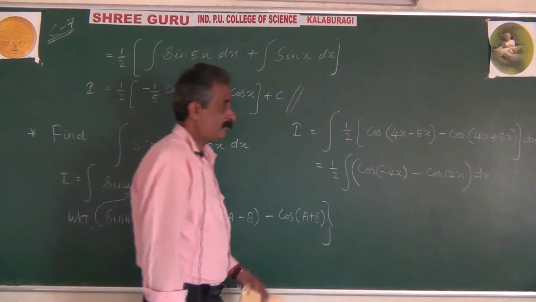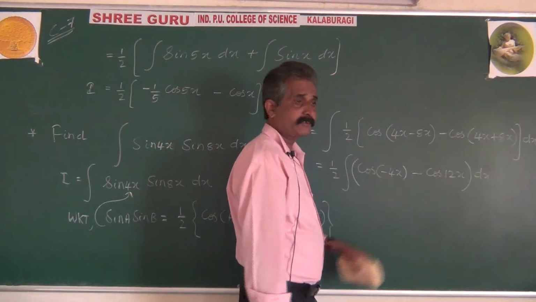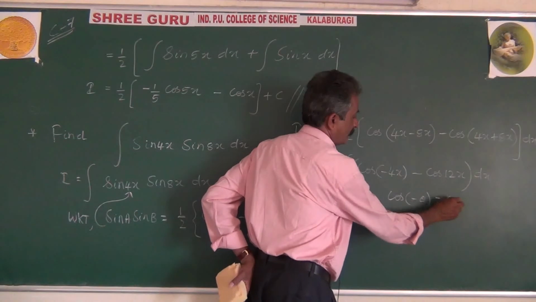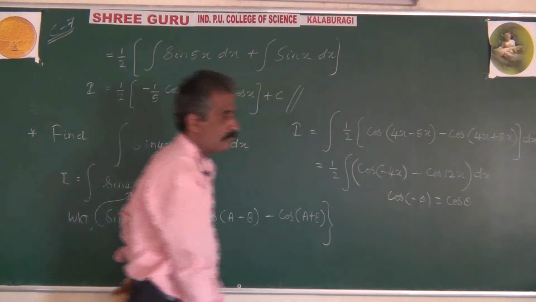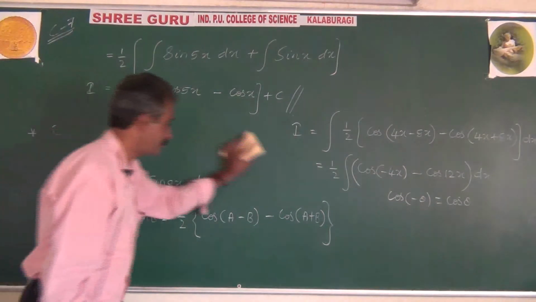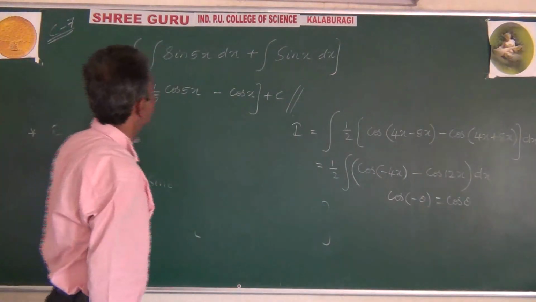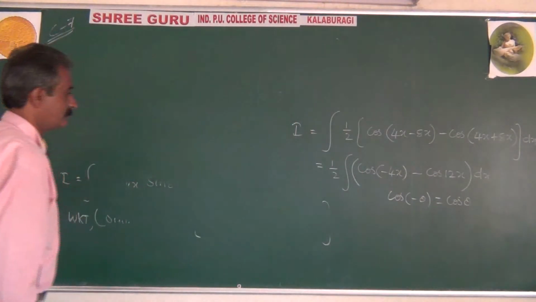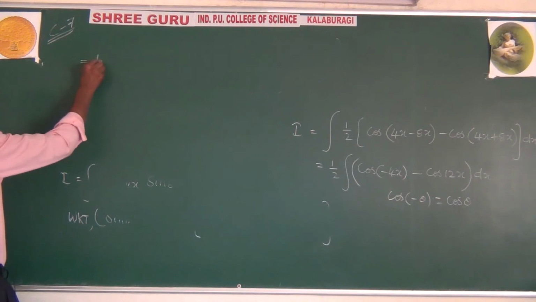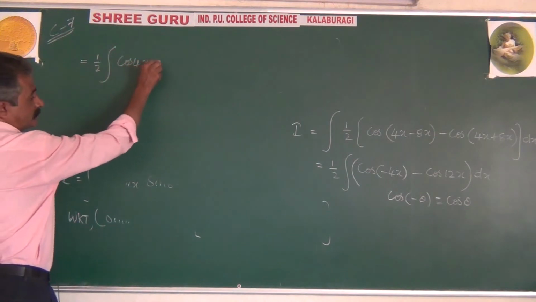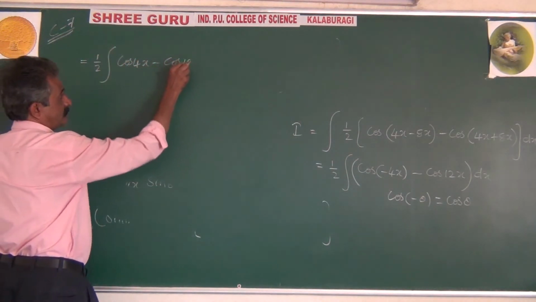We use another trigonometry formula, namely cos of minus theta. Cos of minus theta formula is plus cos theta. Using that cos of minus theta formula in the first term of the integration, that is equal to 1 by 2 integration cos 4x minus cos 12x.